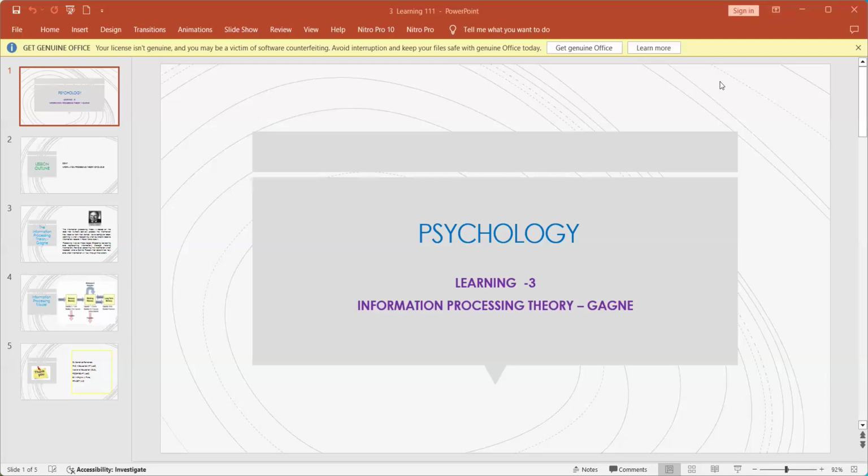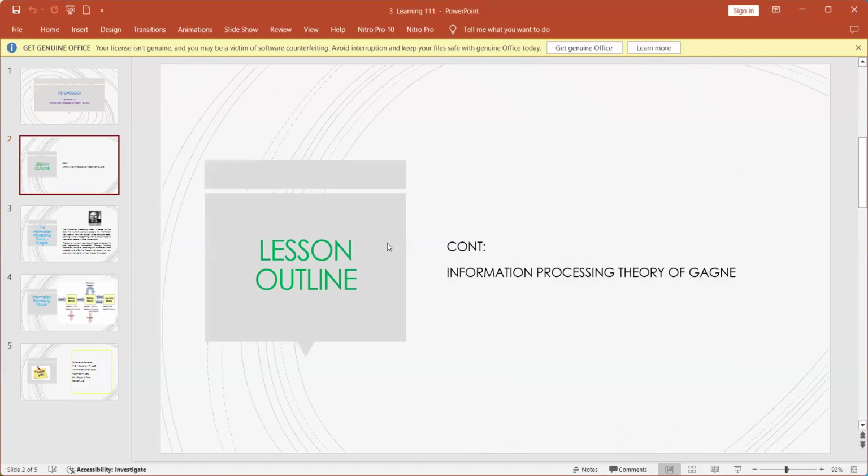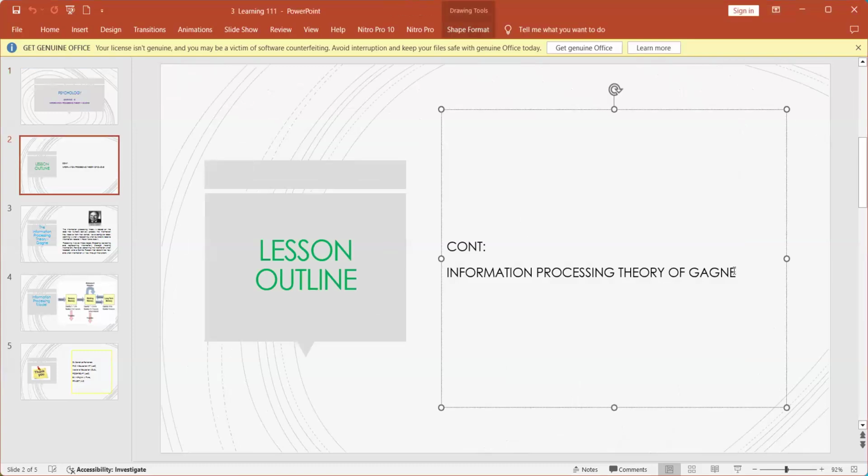So now we are looking at another learning theory, information processing theory by Gagne. When it comes to information processing theory by Gagne, you can actually say that it is a cognitive learning theory.